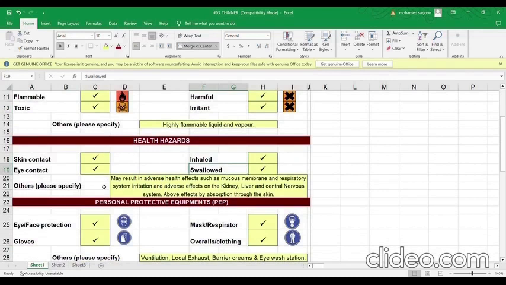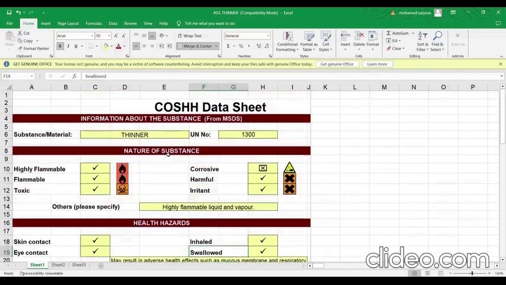Others, please specify any additional health hazard as per the MSDS: it may result in adverse health effects such as membrane and respiratory system irritation and adverse effects on the kidney, liver and central nervous system, and absorption through the skin. So these health hazards can be caused by this thinner.